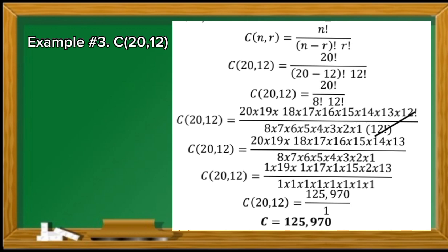So equals 1 times 19 times 1 times 17 times 1 times 15 times 2 times 13 over 1 times 1 times 1 times 1 times 1 times 1 times 1 times 1, equals C(20,12) equals 125,970 over 1.